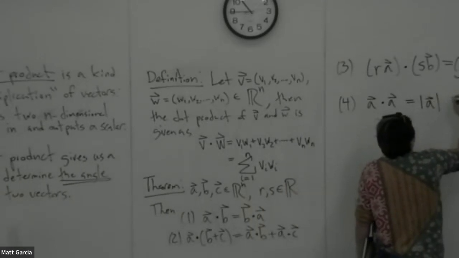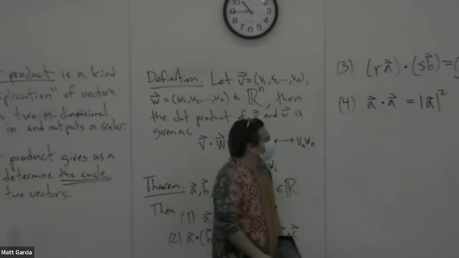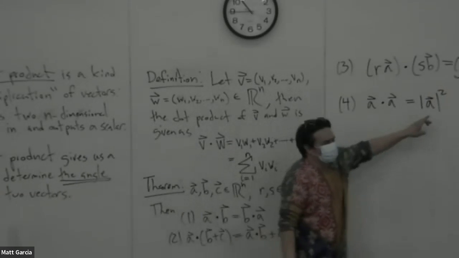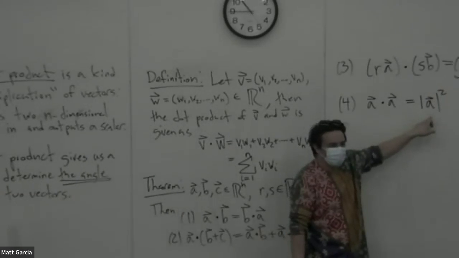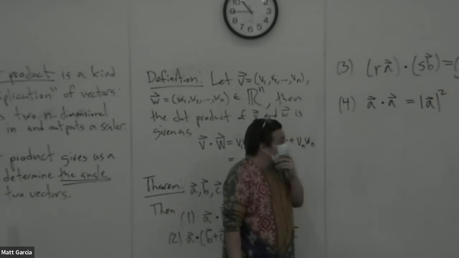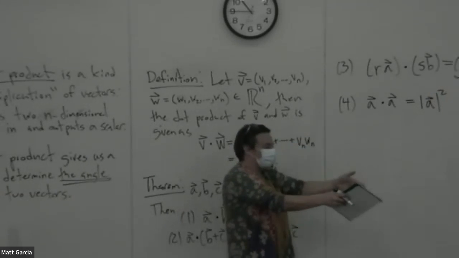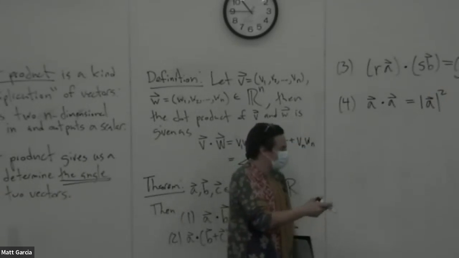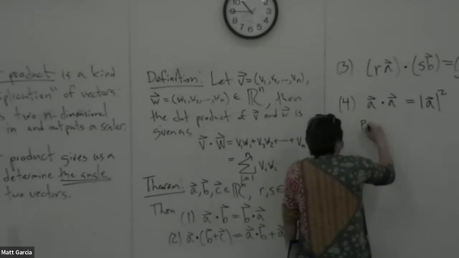Same as taking the magnitude of a and squaring it. Okay. What's the magnitude of a? Yeah, it's the square root of the sum of the squares of the components. Okay, so let's just justify this really quick.